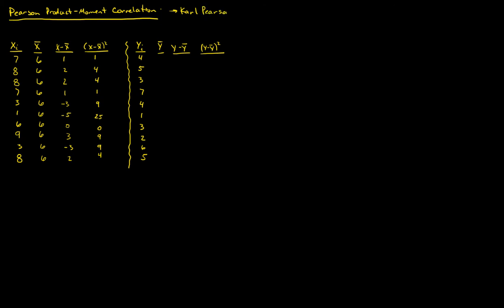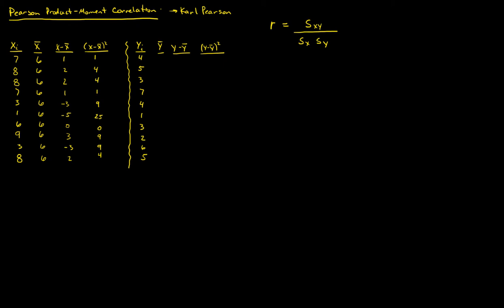Let me get the formula up here, and we're just going to break this thing down. The basic structure here is that R coefficient, so R equals this S sub xy, and I'll define these for you in just a minute, divided by S sub x multiplied by S sub y.